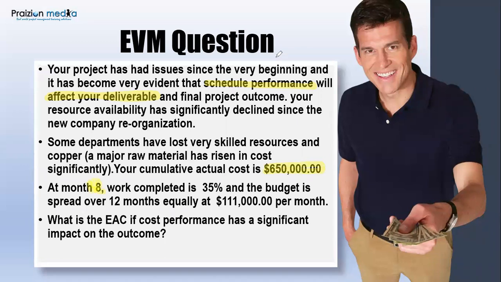So that is a clue to you to understand which planned value cumulative to use. Your cumulative planned value at month 8 is going to be this number, because it says, and the budget is spread over 12 months equally at 111,000 per month. So that's where the 111,000 came from. It then goes further to say, at month 8, work completed is, there's your clue for the earned value, 35%. And then the last line, it says, what is the EAC? Watch this.